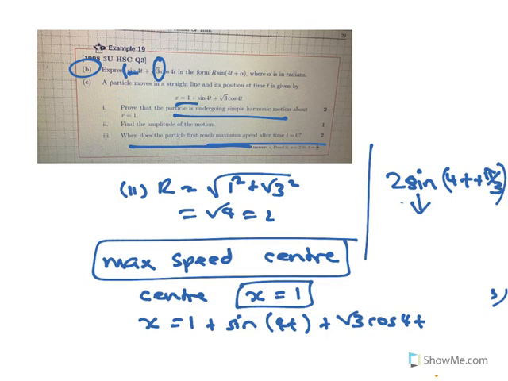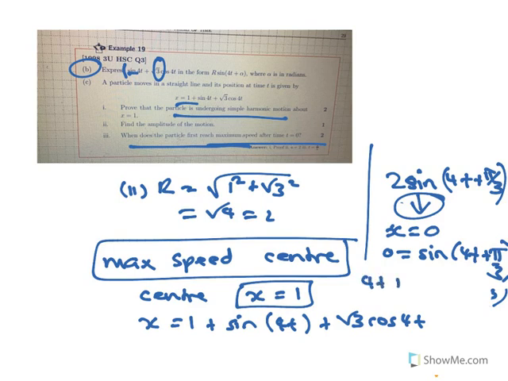So you could also use that as well. The max speed will be at the centre of the motion, and we want the time when it first reaches its max speed. If you did it off this one, that would be when x equals 0, because that's where the centre is. So it's when sine 4t plus pi on 3 equals 0.